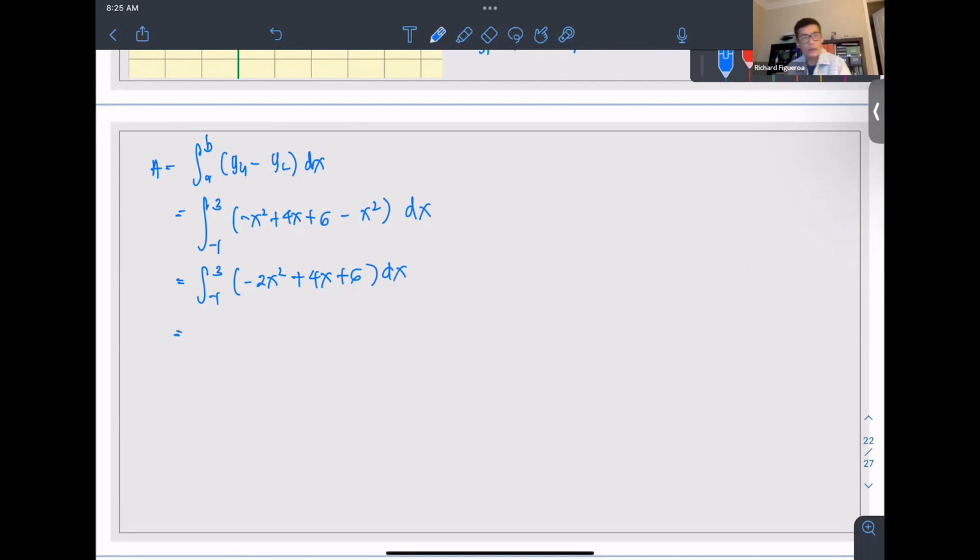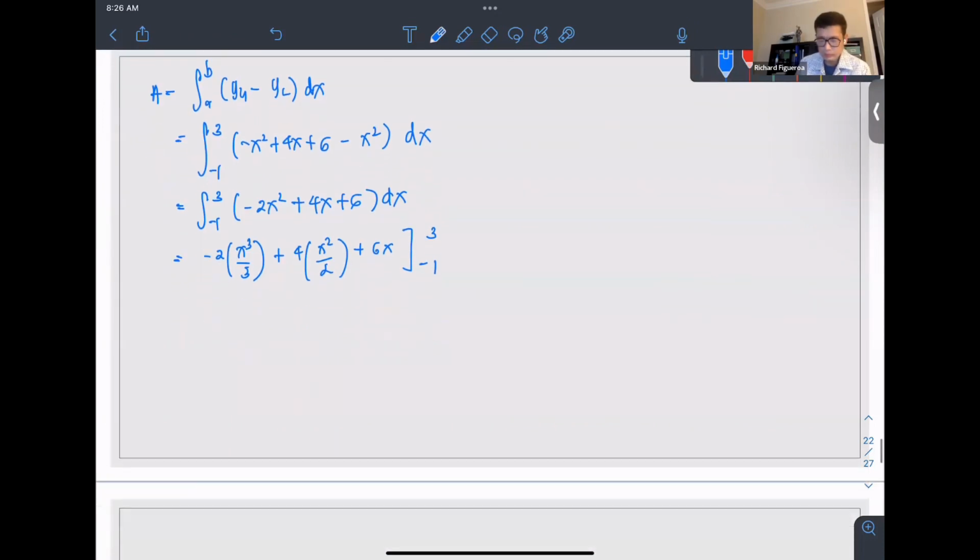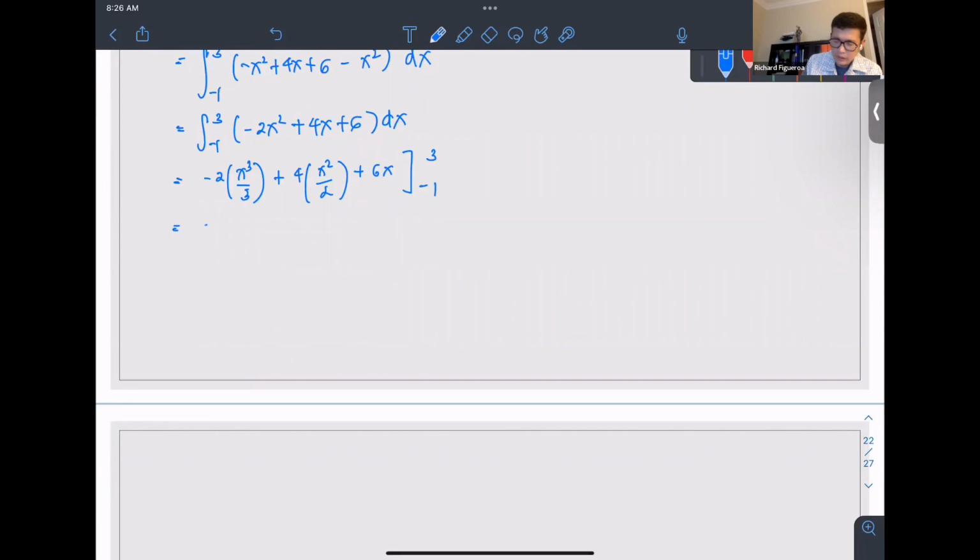And then we integrate. So -2 times x cubed over 3, plus 4 times x squared over 2, plus 6x, from -1 to +3.